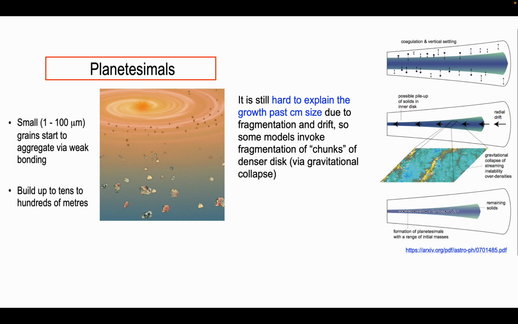Planetesimals are small 1 to 100 micrometer grainy objects that collapse due to weak gravitational bonding, so they are built up to tens to hundreds of meters.